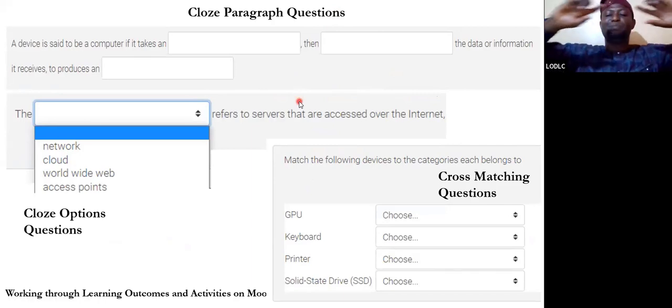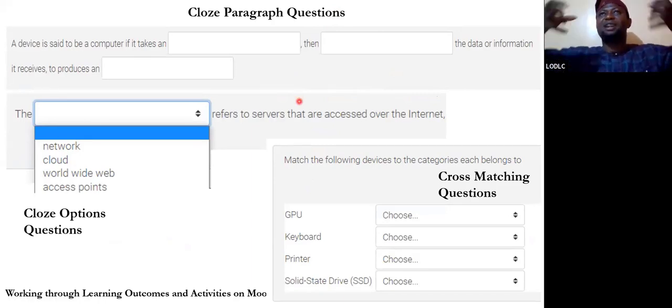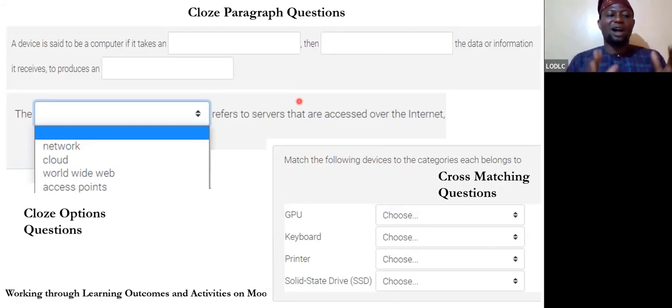The sentence will be in the form of a paragraph, with some missing words or sentences removed. Look: a device is said to be a computer if it takes an dash, then dash, the data or information it receives to produce an dash. These are examples of closed paragraph questions. Students are expected to supply their answers by typing the correct options.